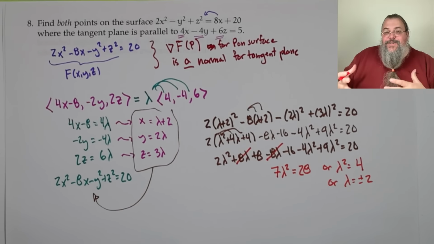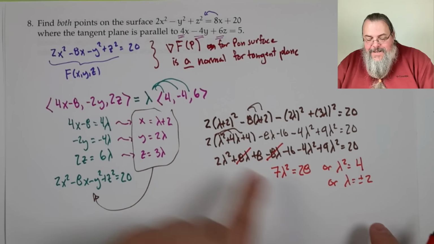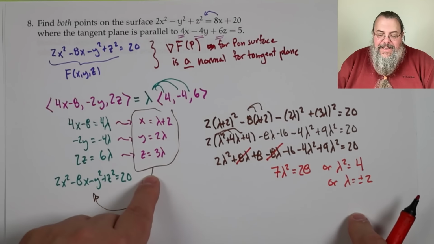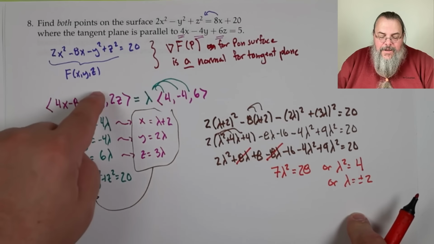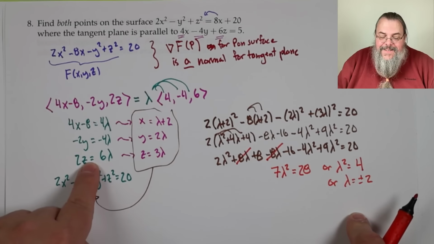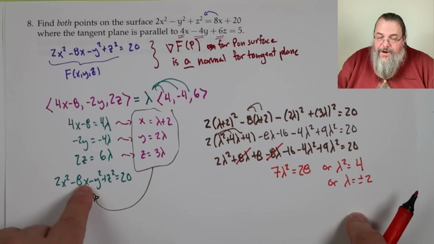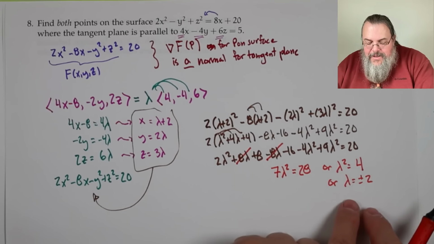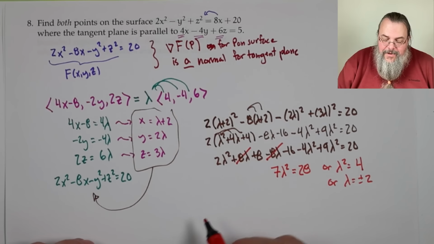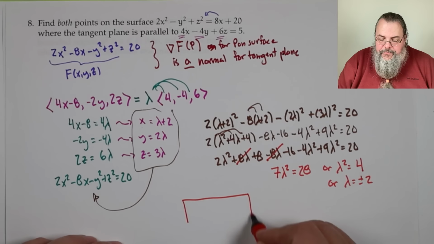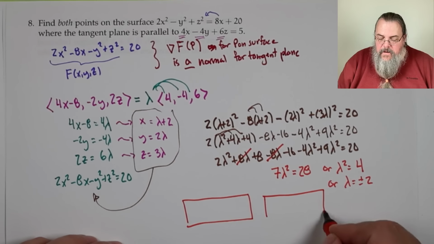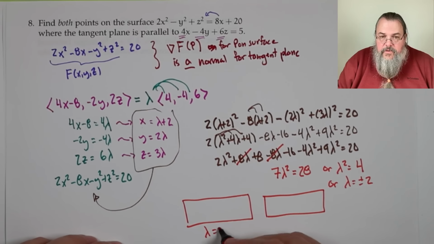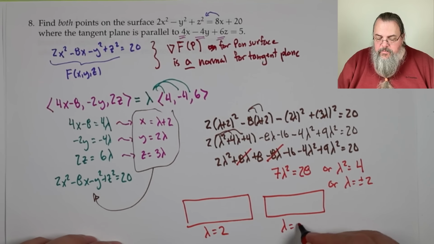But as soon as we know lambda, what can we do? Get the x, y, z. And for those x, y, z, we are parallel and we are on the surface. So now the last thing for us to do is plug in. So we get 2 points. We have lambda equals 2 and lambda equals minus 2.